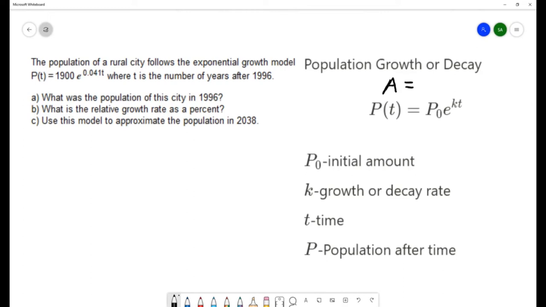So I'm just going to write this up here because I like to relate it to that formula: A equals P times e to the rt. When we were talking about the continuous compound interest formula, this P stood for principal, which was our initial amount of money. And you'll notice in the same position in the formula, this P naught says initial amount. Now we're talking about the population, so this is going to be initial population.